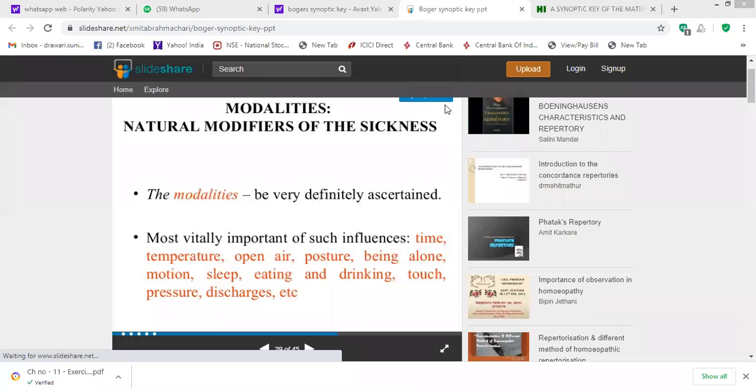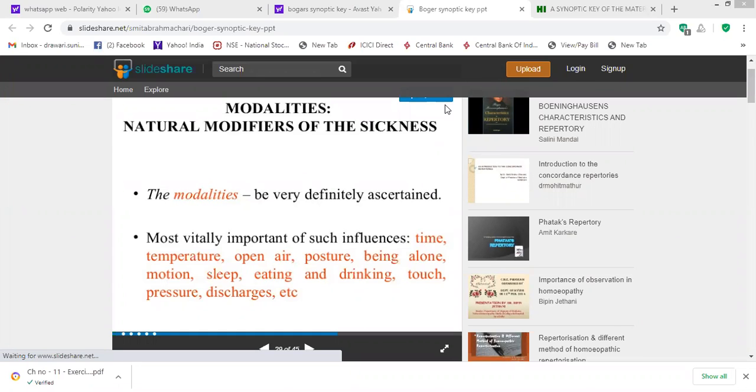What is the eating and drinking pattern of the patient, which things aggravate after eating, and which things make the patient feel better, especially in skin complaints, pain in abdomen, and gastritis. Many times we get modalities related to eating and drinking.